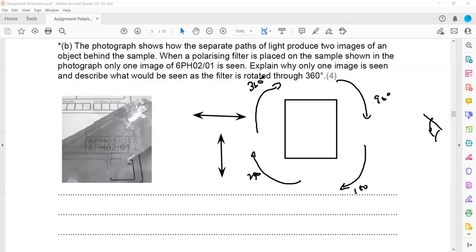So the idea is that we will not see any light when the plane of the polarizing filter is perpendicular to the light which is coming out. Then there will be no light. But if the plane is parallel, we will see the light.